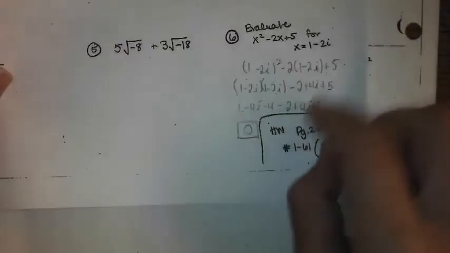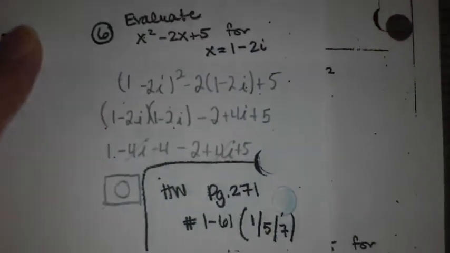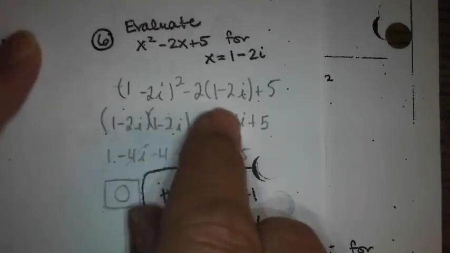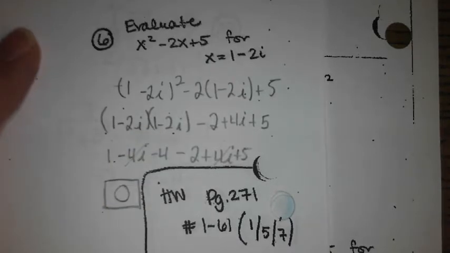Okay, here's number 6, just evaluating when you're plugging in 1 minus 2i. So 1 minus 2i squared minus 2 times 1 minus 2i plus 5. They square it out, check their work.